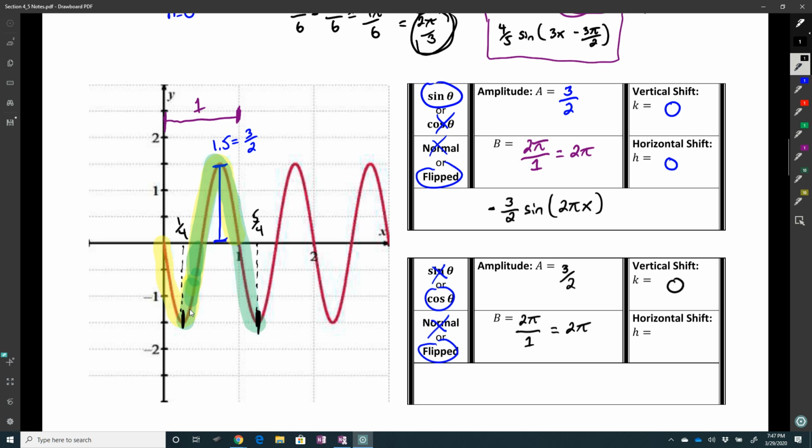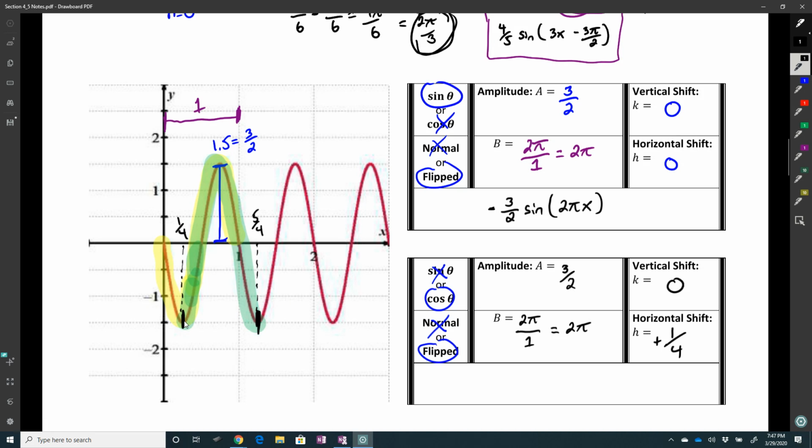So my horizontal shift is just going to be 1/4. Okay, and again, remember that you can always split a trig function into quarters. And if I look at the sine wave, the first part that I did, this peak down here occurs a quarter of the way through the cycle. But since the cycle is 1, a quarter of 1 is just a fourth. So I know that has to be a fourth.